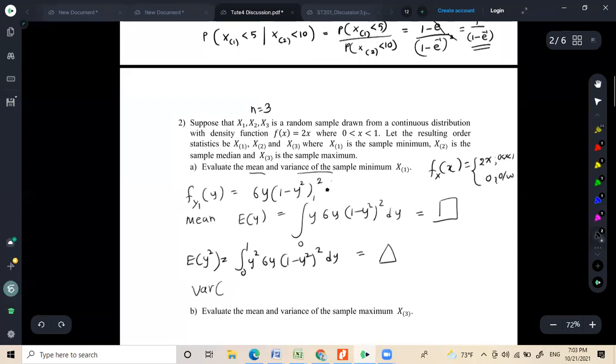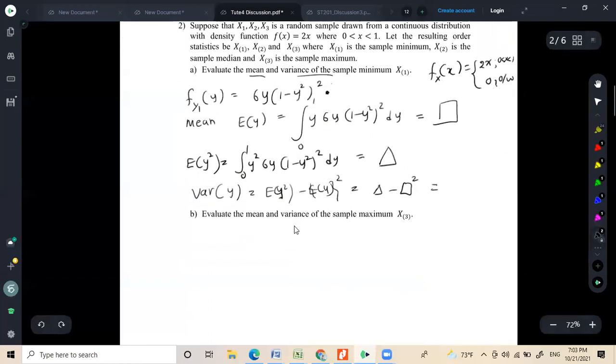Then your variance will be the second moment minus the mean squared, so you can find the answer. Try that one. Then you have to evaluate the mean and the variance of the maximum. Again, first find the PDF of the max.